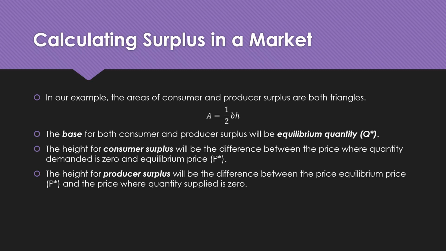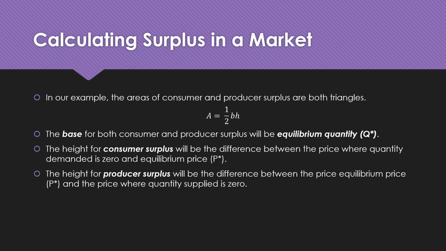And now I need to figure out what the height is. Now, I intentionally extended out those supply and demand curves, so that the intercept would be known. And that's important because that allows for us to calculate the height of the triangle. For consumer surplus, the highest point of that height is going to be that intercept, that point where quantity demanded becomes 0.